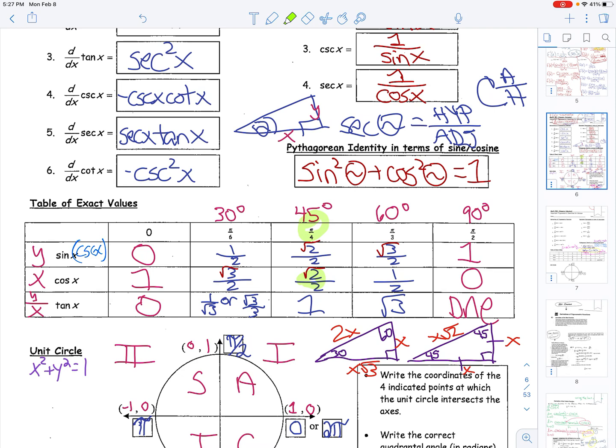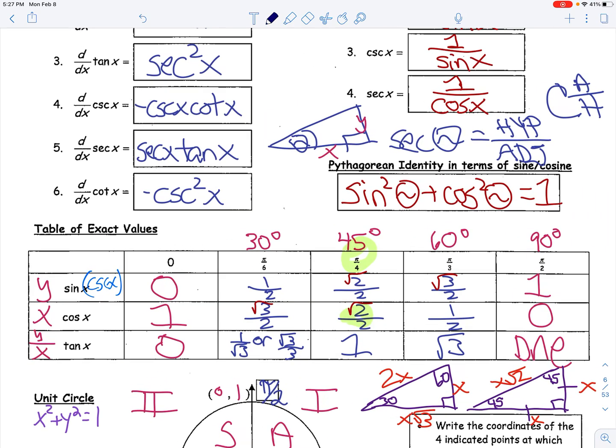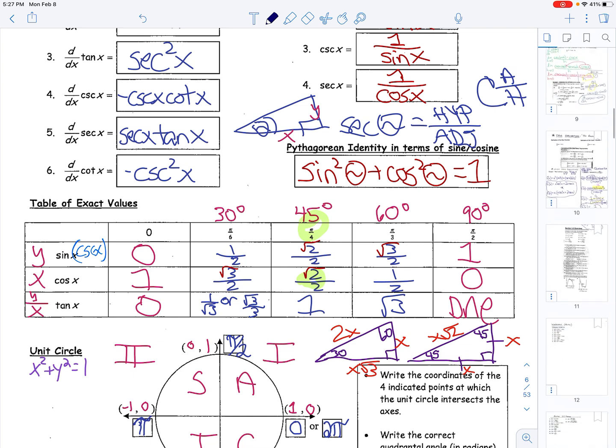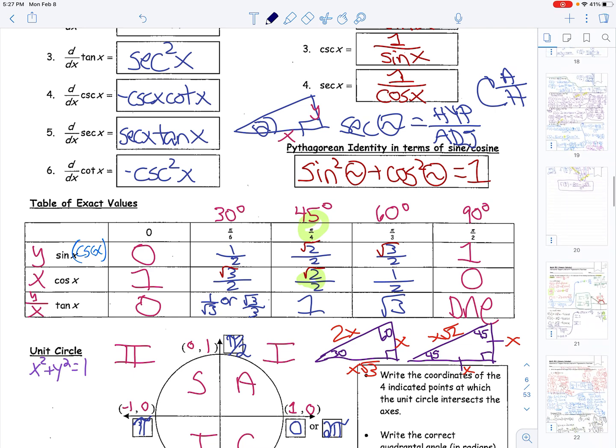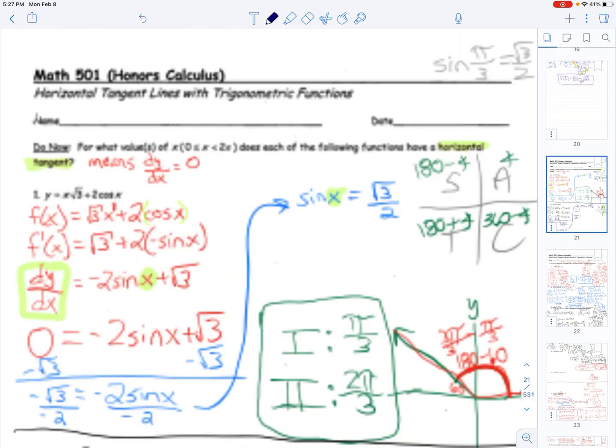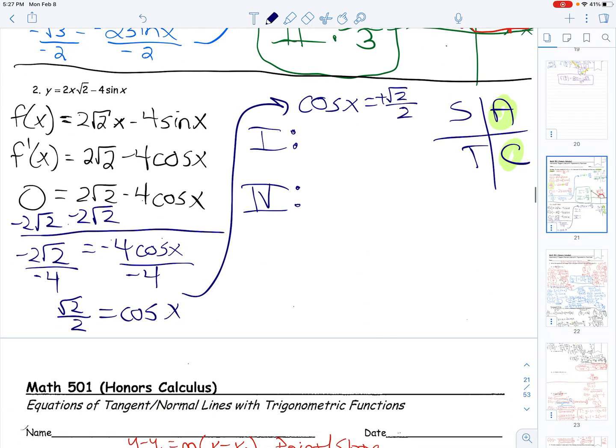We go back to our table here. Cosine radical 2 over 2 is here at pi over 4 radians. So pi over 4 is 45 degrees.